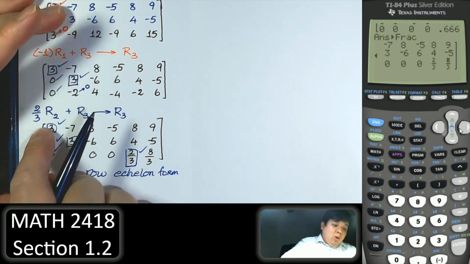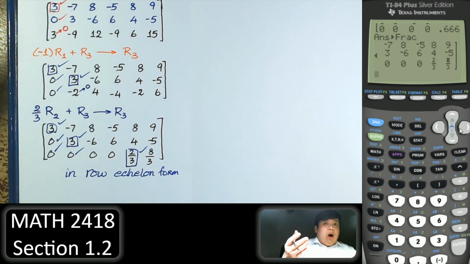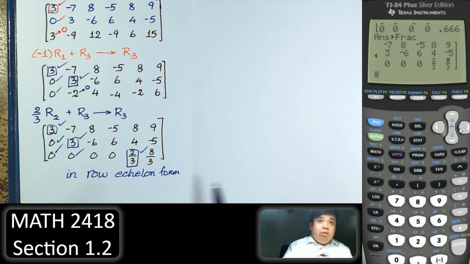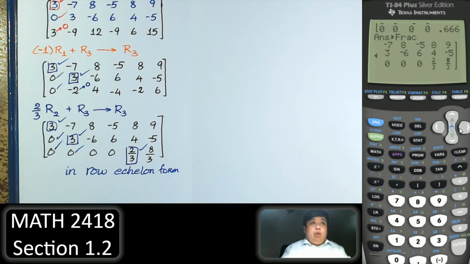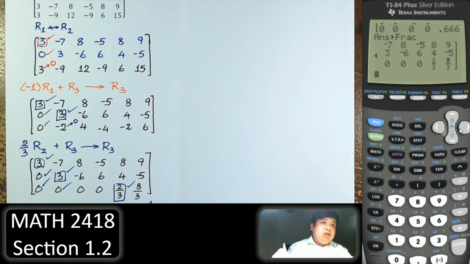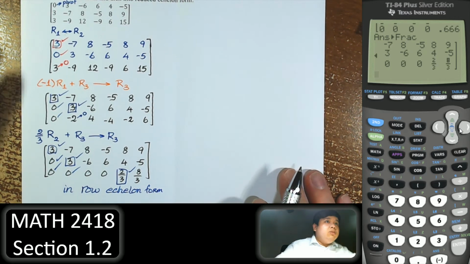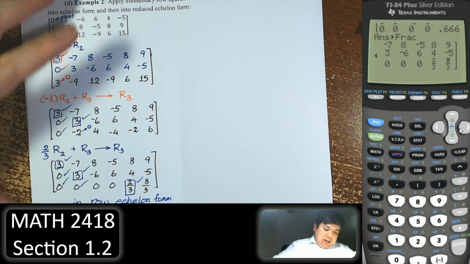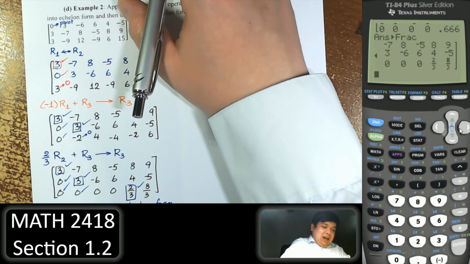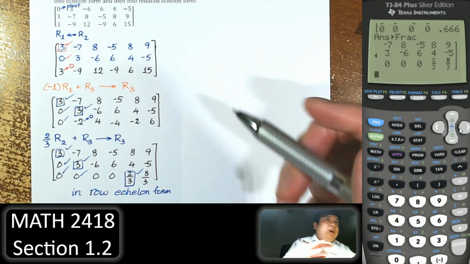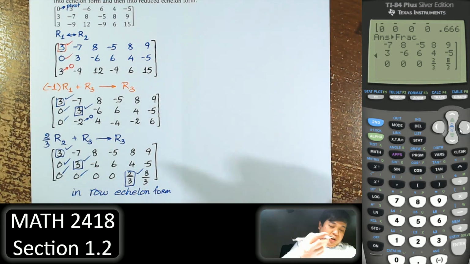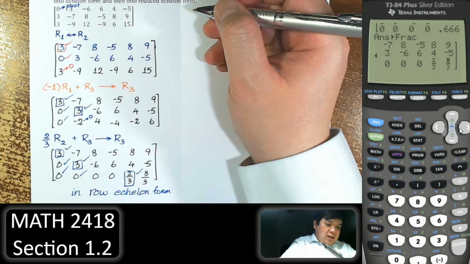So that will turn the entry here to 1, right? What we do in class is not even this, but this is what we have originally.